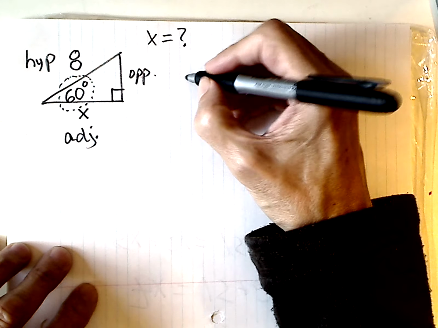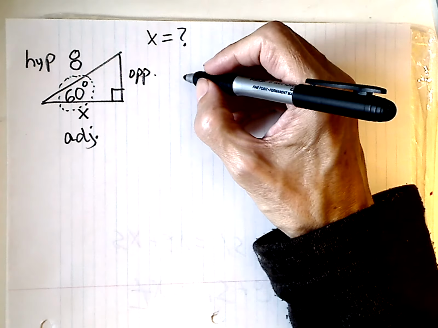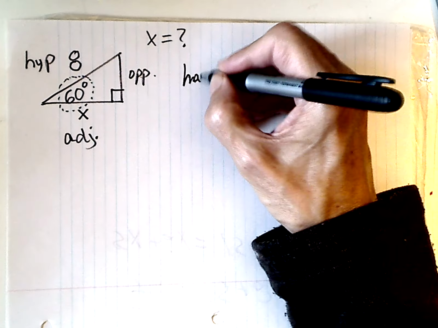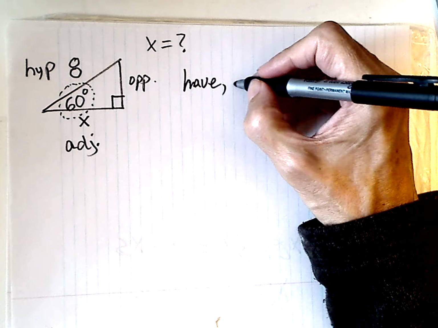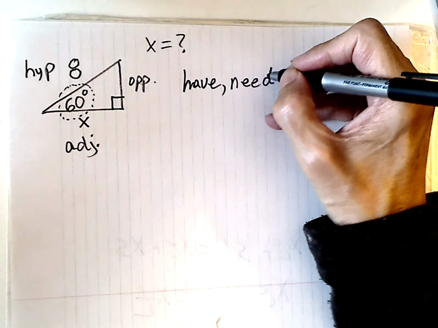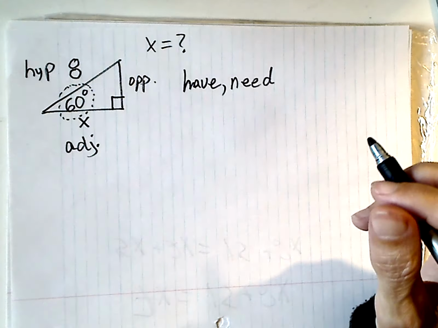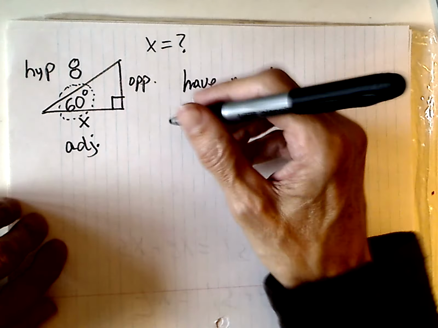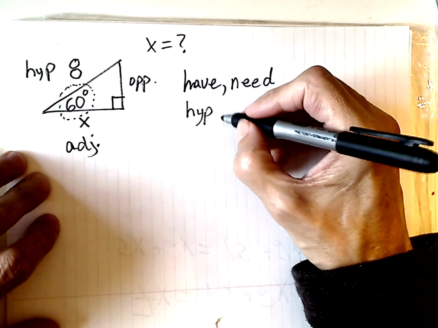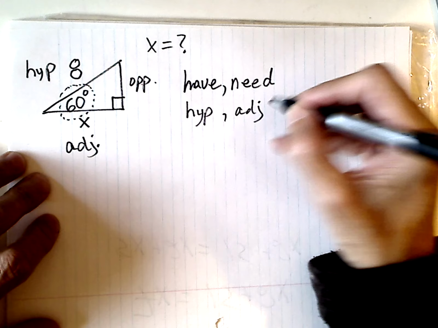After that, haves, have-nots. No, have and need. So what do we have? Well, we got the hypotenuse. What do we need? We need the adjacent side.